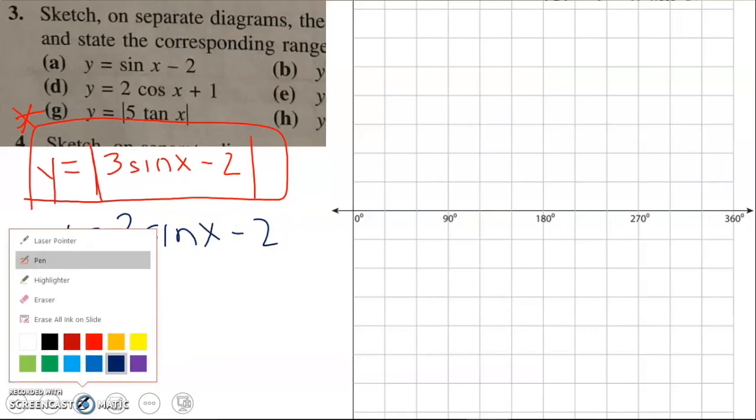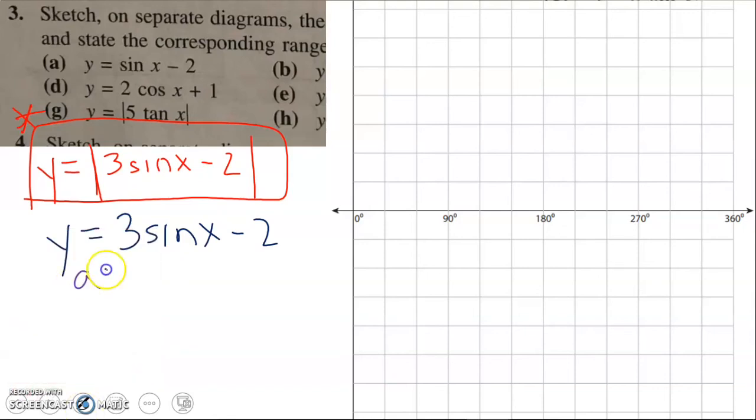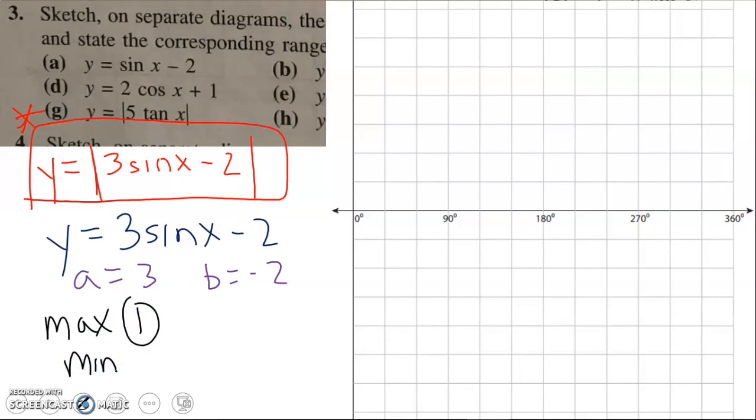Well, now you're going to decide what is A, what is B. A is 3, and B is equal to -2. Now, again, you need your max and min. What is our max? -2 plus 3, that would end up being 1. Your min, -2 minus 3, that will end up being -5. And your axis is just -2.